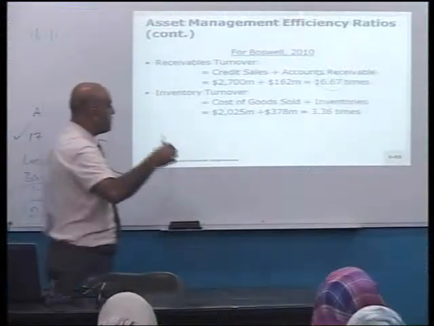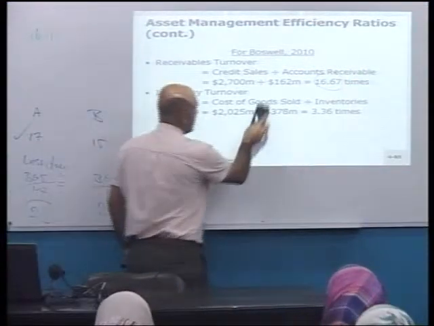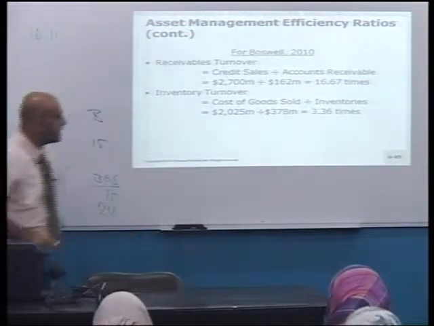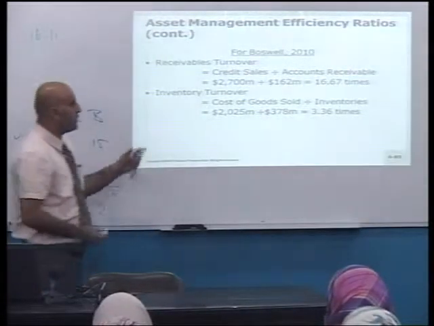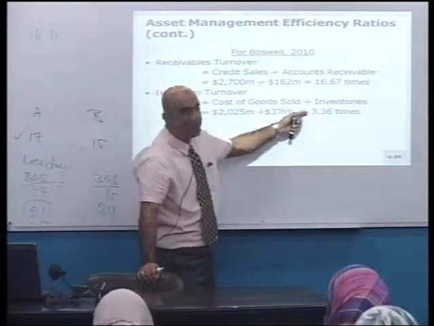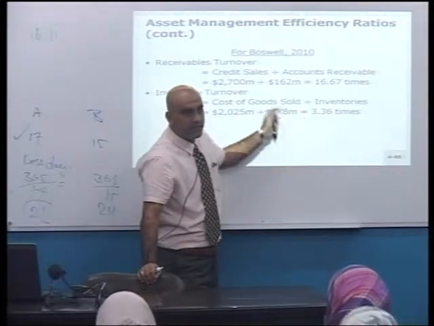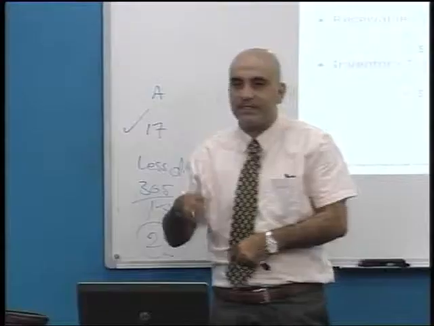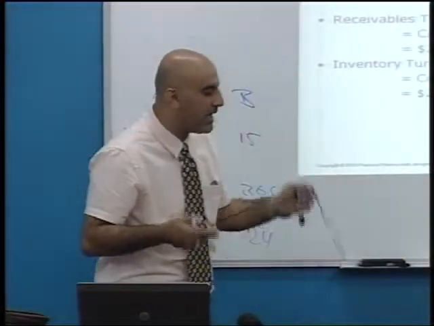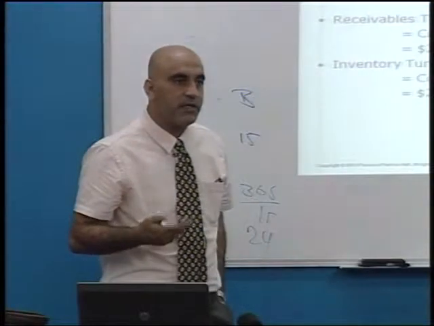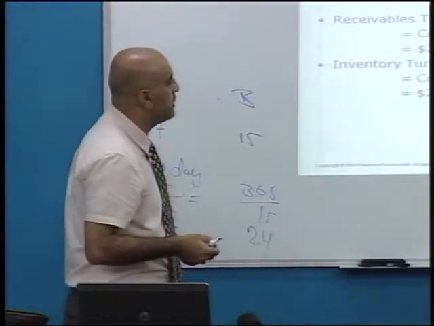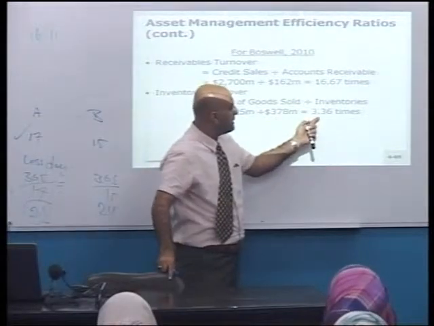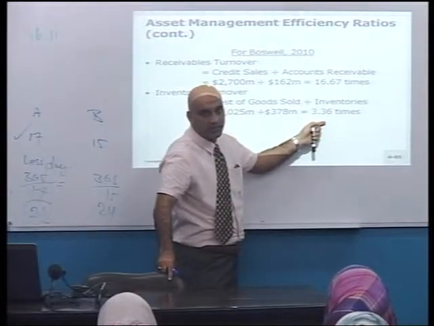Now for the inventory turnover, the same thing. It is calculated by the cost of goods sold divided by inventories. This measures how long it takes, or how many times we can cycle or convert the inventory into cash. So in this example, in this company, it is 3.36 times.